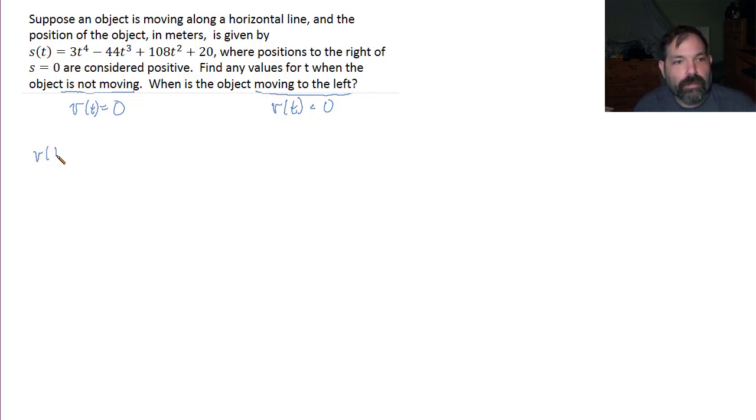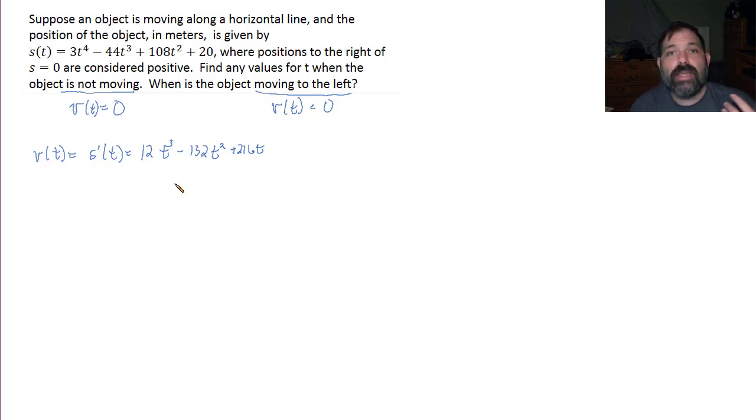So v of t is s prime of t, which would be 12t cubed minus 44 times 3 is 132 t squared plus 108 times 2 is 216 t plus 20.